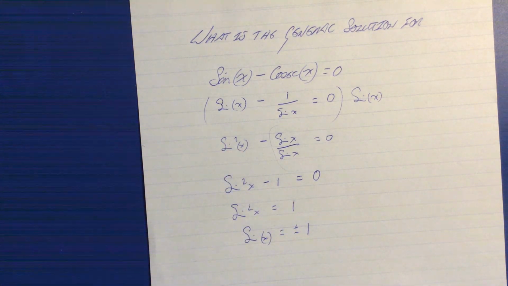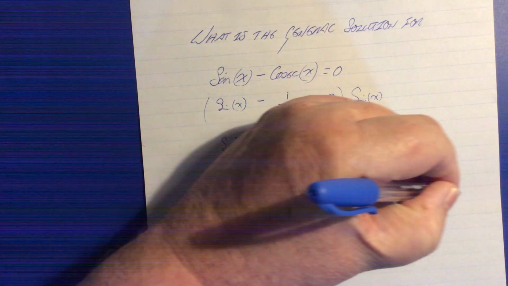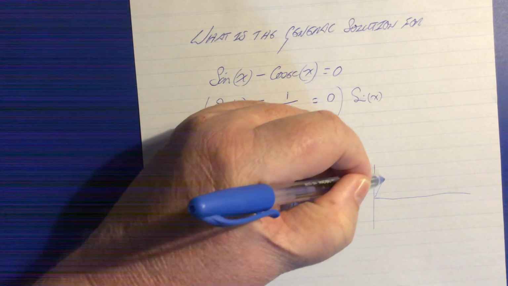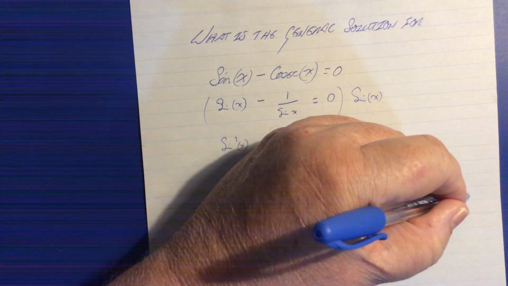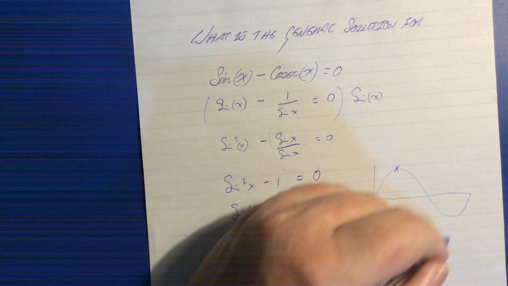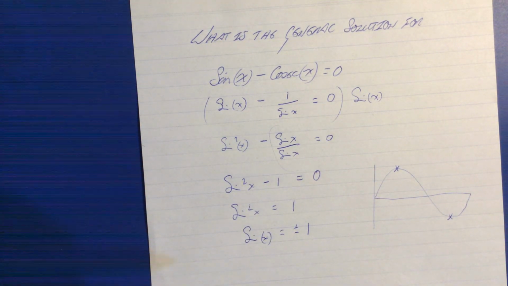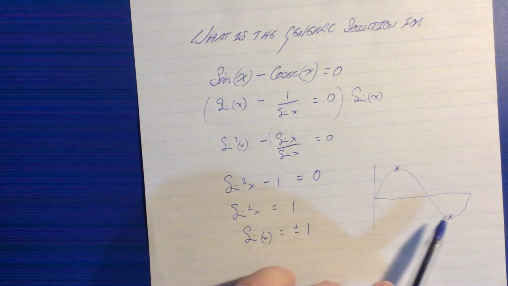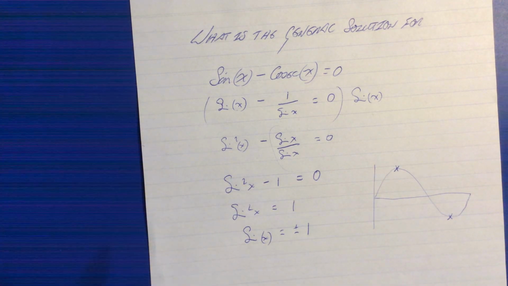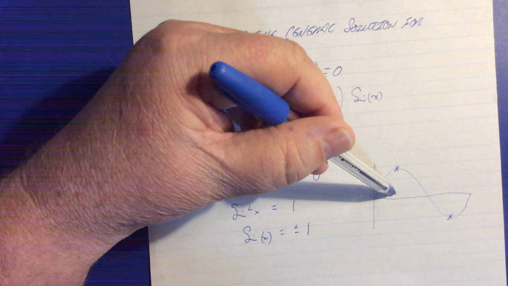And if we go looking for where the sine of x is equal to 1, let's just draw a little sine graph here. The sine of x is equal to 1 at that point, and at that point on a sine graph. By the way, negative 1, positive 1 and negative 1. Right, so the question is, what is that point?